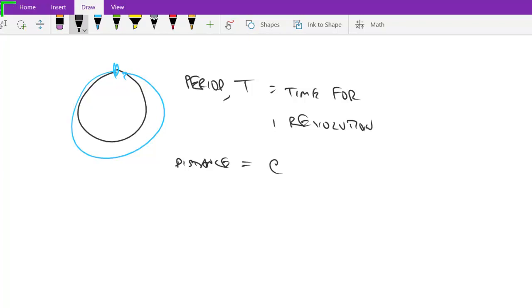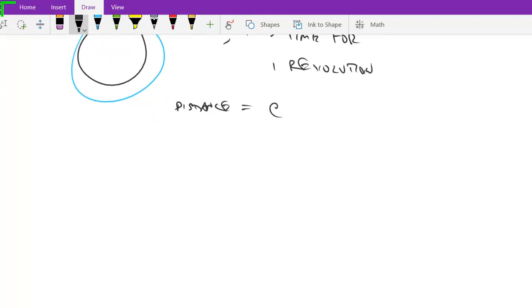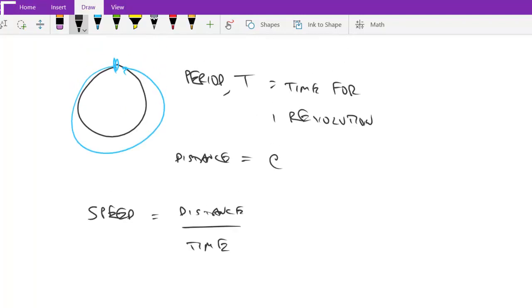And so if I want to find the speed of this, since we know that speed is the distance divided by the time, the distance it travels in one revolution is the circumference. The time is the period.